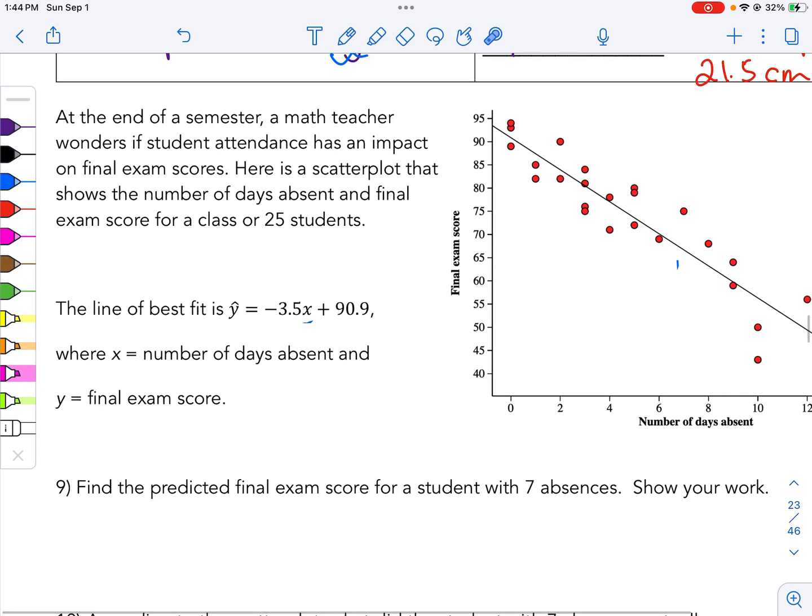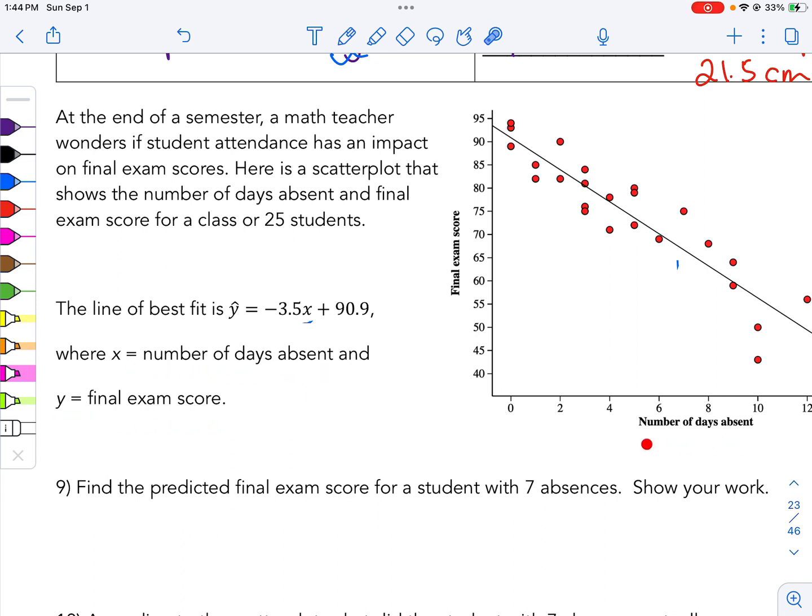We could have plugged the data into your calculator if I gave it to you, but this time I gave you the equation instead. So x is the number of days absent and y is the final exam score.